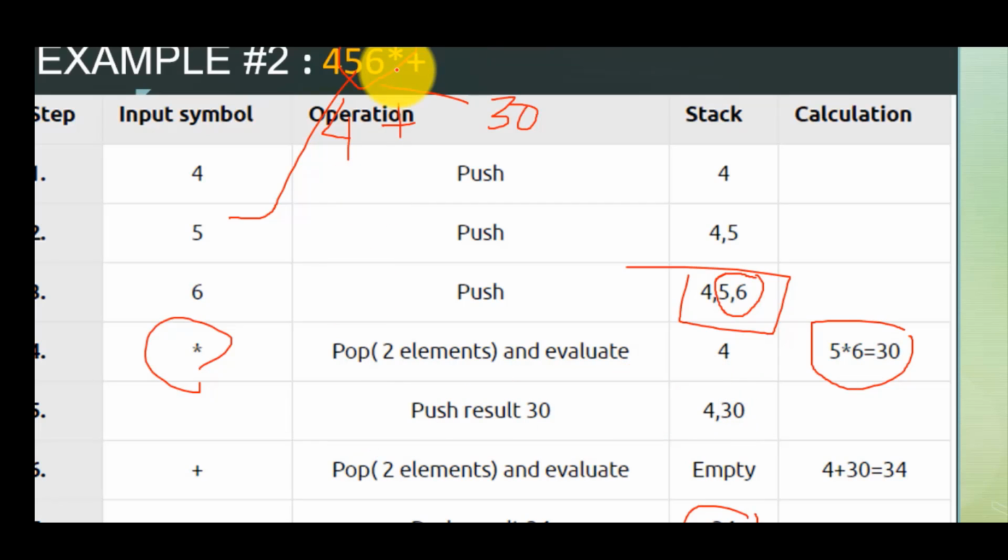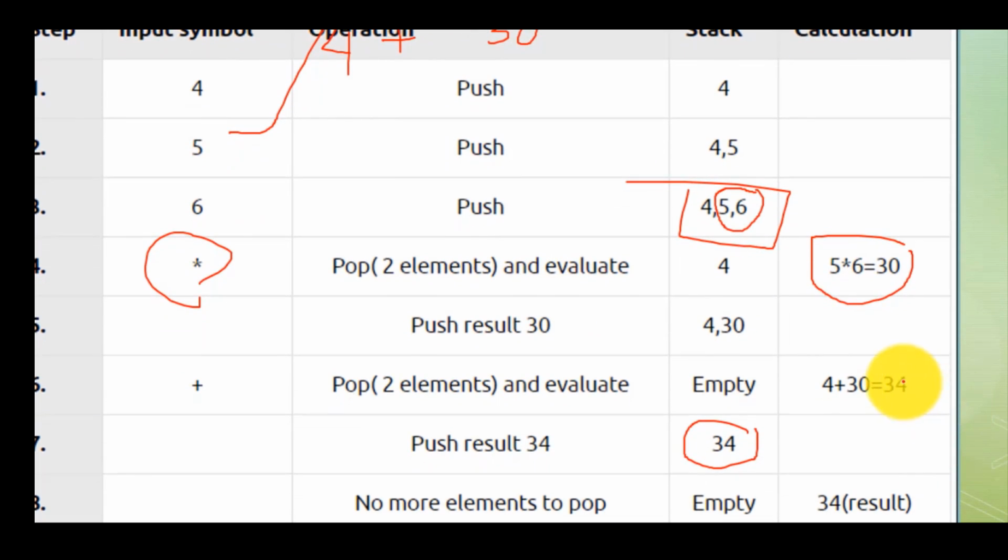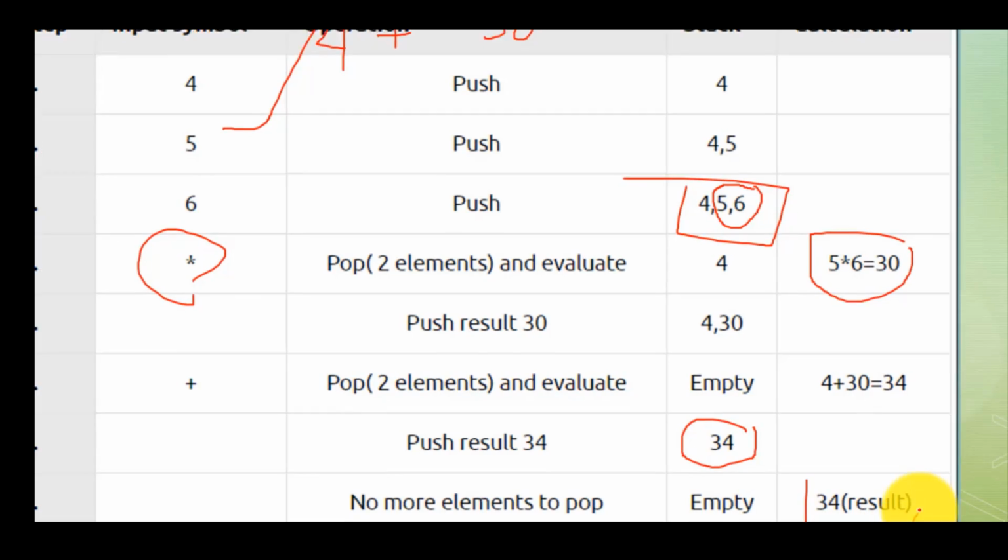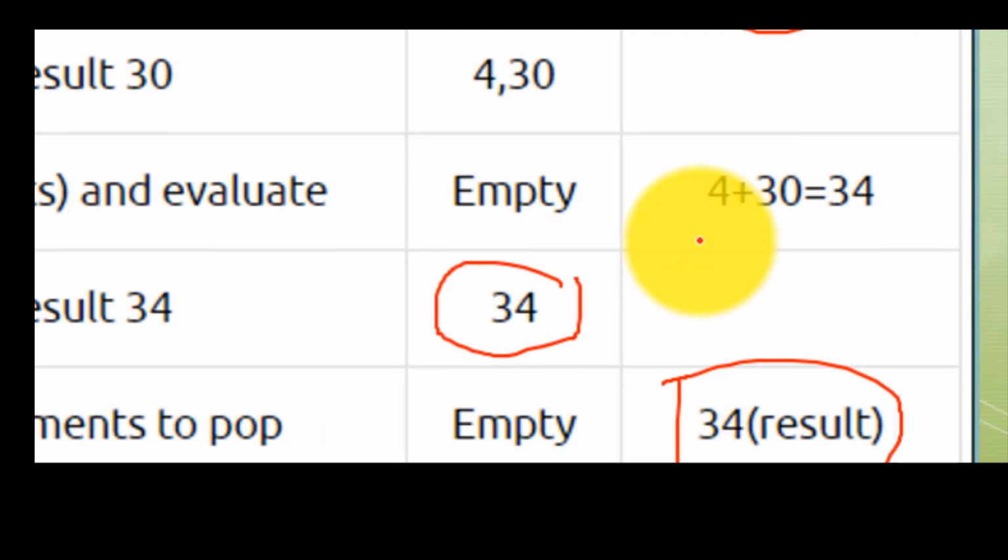Since there is a plus operator here, we're going to add the 30 and 4. So we get the result of 34. Now, since there is nothing more to be scanned, it will stop. So this will be our final result, which is 34.